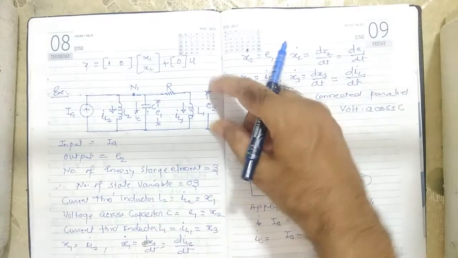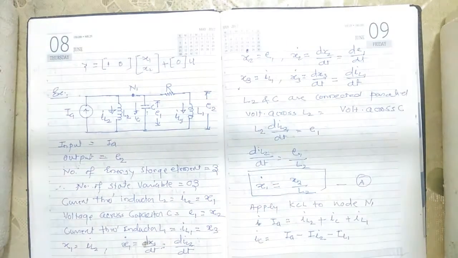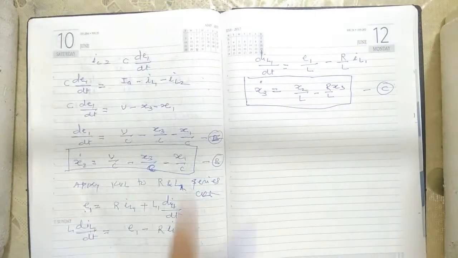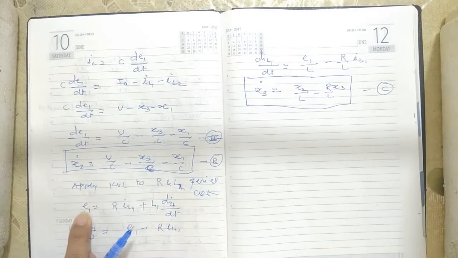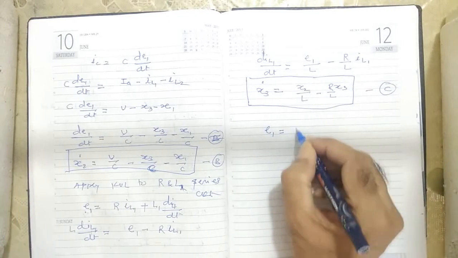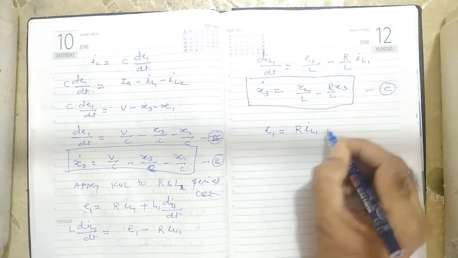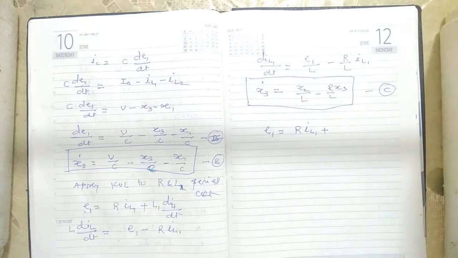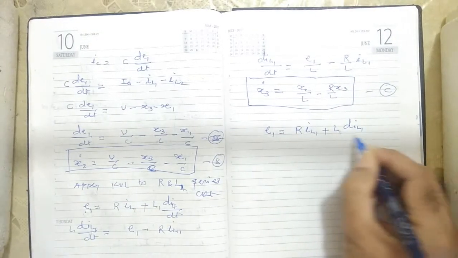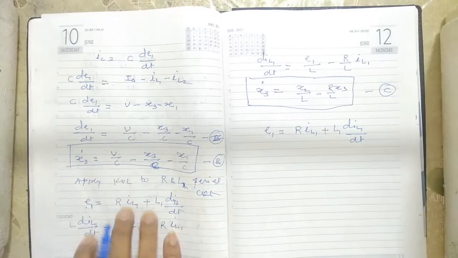Now we will write down the equation for the output. We know this equation: E1 equals R into IL1 plus L1 diL1 by dt.